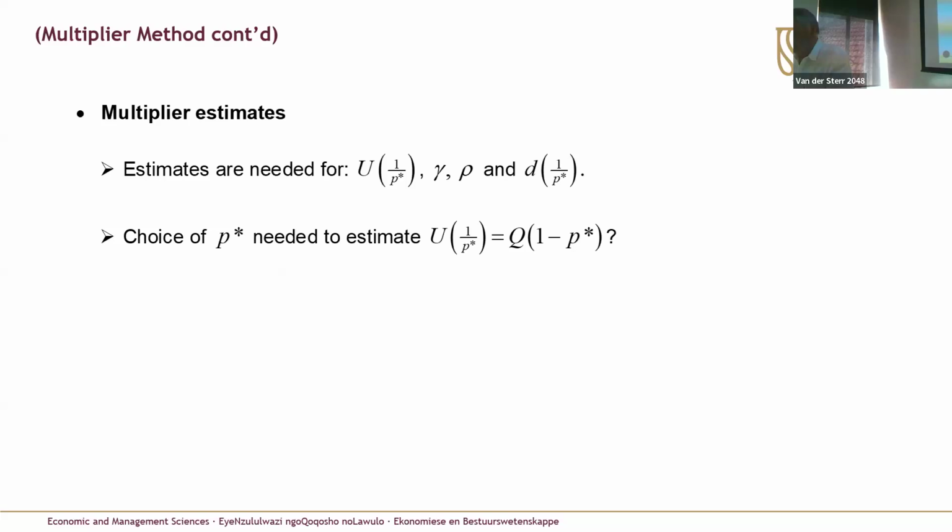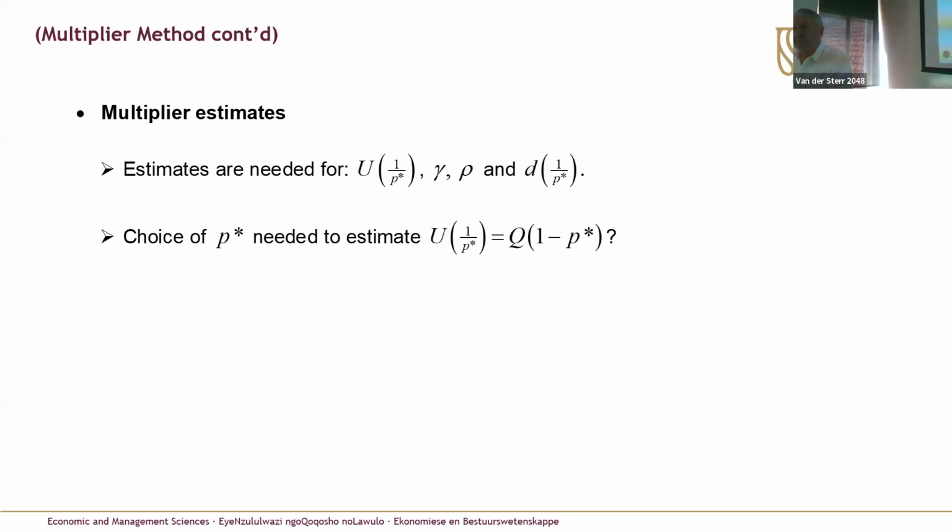Now, what we need to apply this is estimates for all the parameters involved. There are the two clear parameters, gamma and rho. Gamma from that first basic condition, rho from the second order condition.